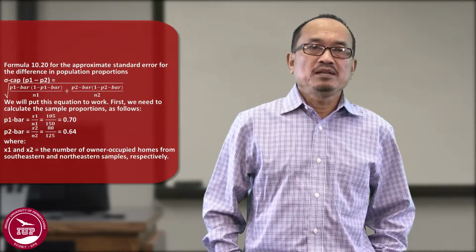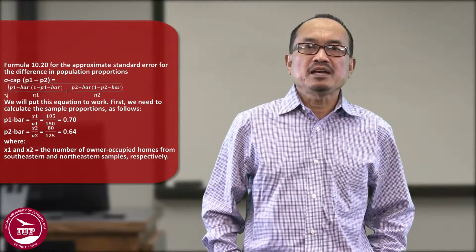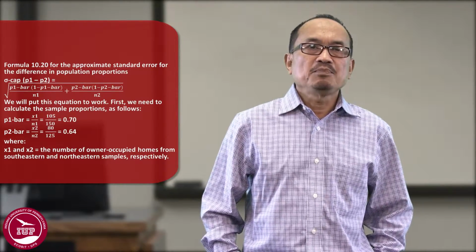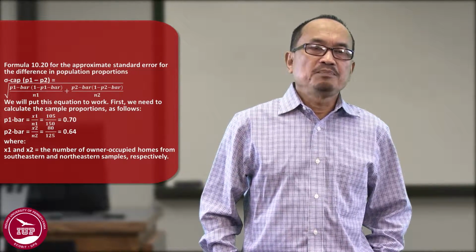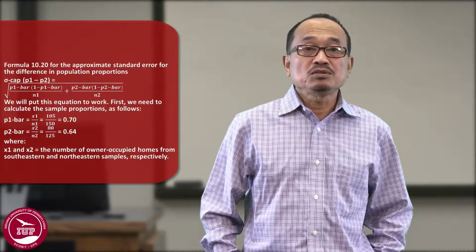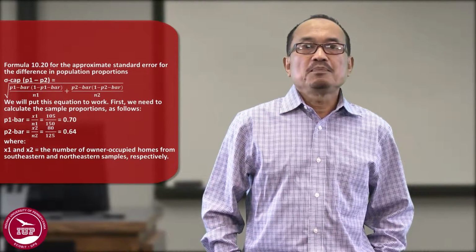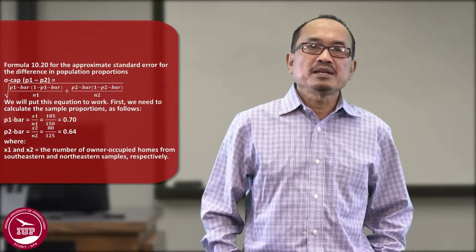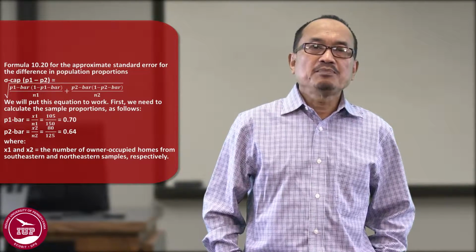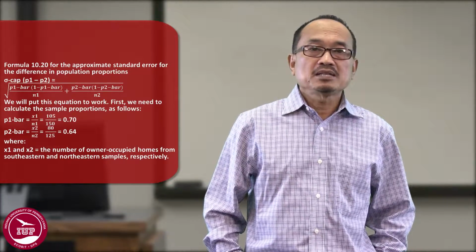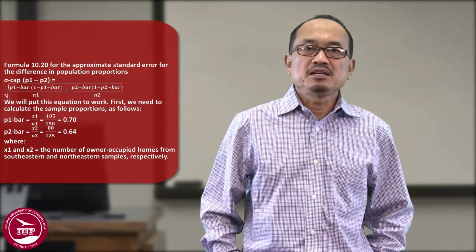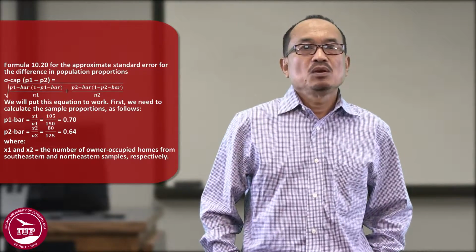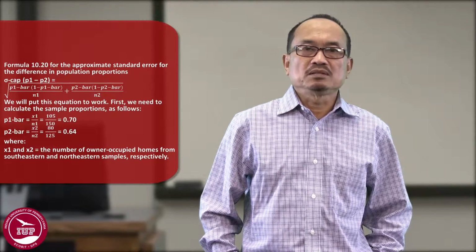Formula 10.20 for the approximate standard error for the difference in population proportions: sigma cap of P1 minus P2 is equal to the square root of P1 bar times 1 minus P1 bar divided by N1 plus P2 bar times 1 minus P2 bar divided by N2. We will put this equation to work.